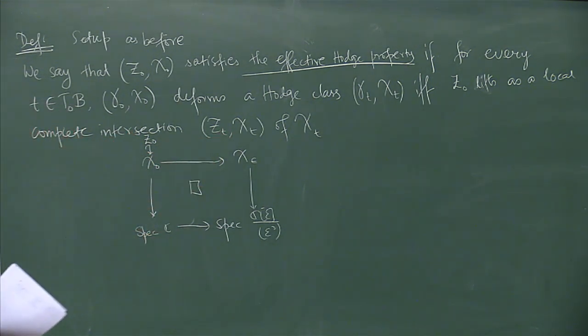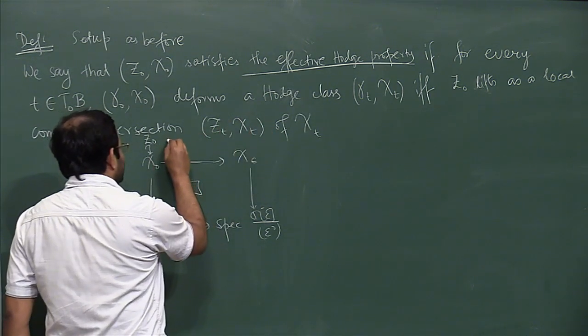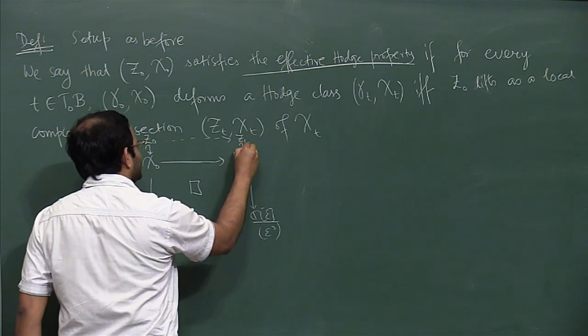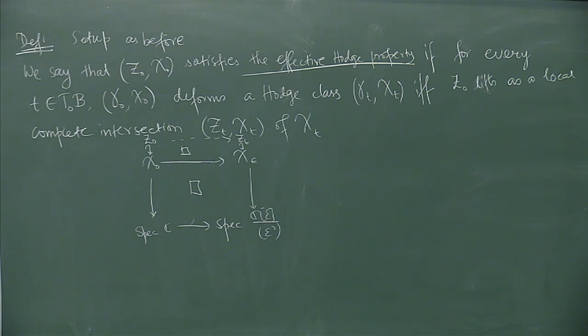I will make this statement precise, what it means to be a Hodge class on an Artinian ring. So this class lifts to a Hodge class if and only if you can lift this object. This is what this statement is saying.